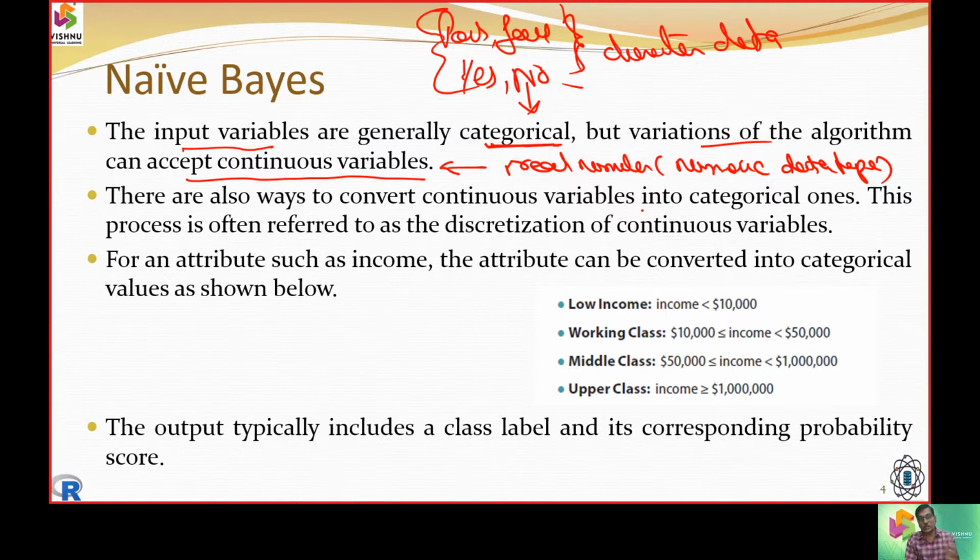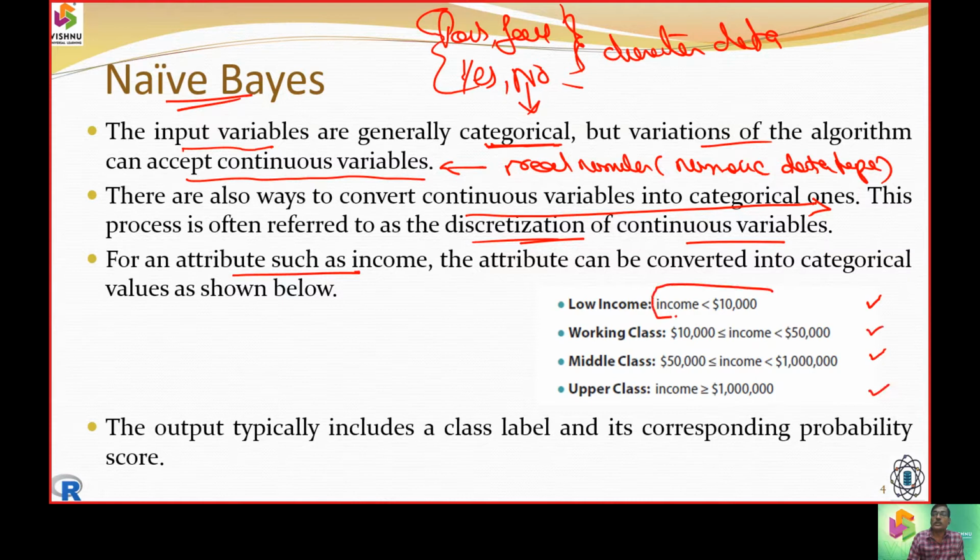There are techniques in the naive Bayes algorithm which convert a continuous variable into a categorical variable. The methodology we call here is discretization. For this we have categories such as low income, working class, middle class, and upper class.